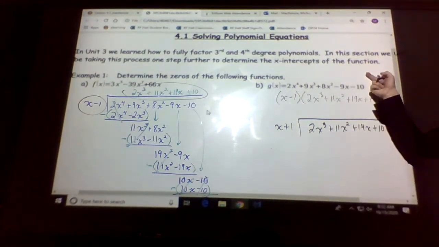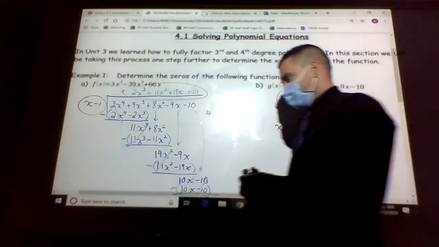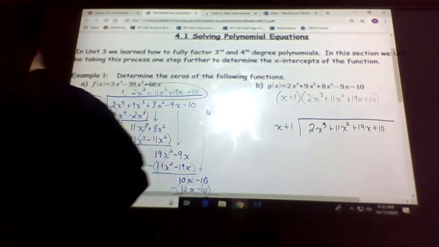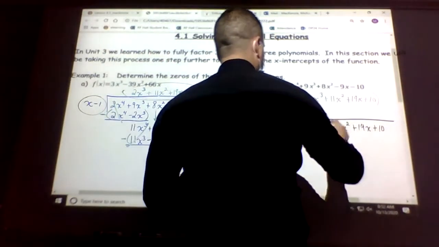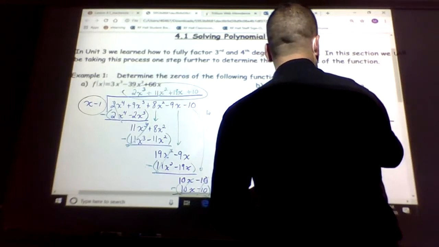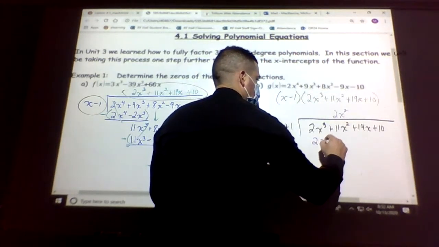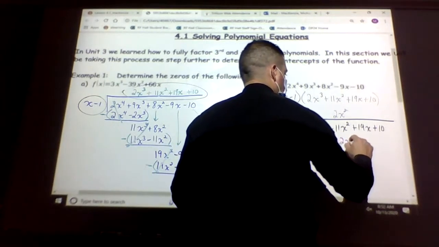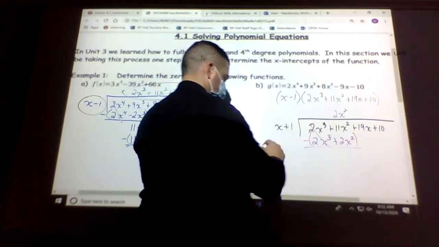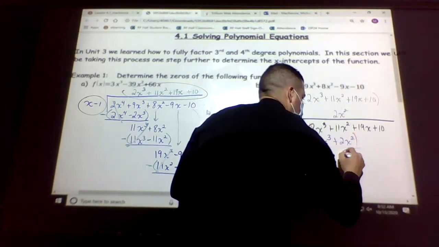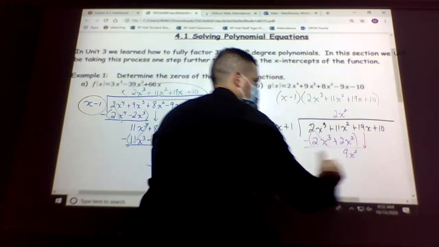Okay, if I plug in x minus 1, it's x plus 1 here. I'm just going to do this one quickly. So 2x squared, 2x cubed plus 2x squared, 11 minus 2 is 9x squared, carry down a 19x.